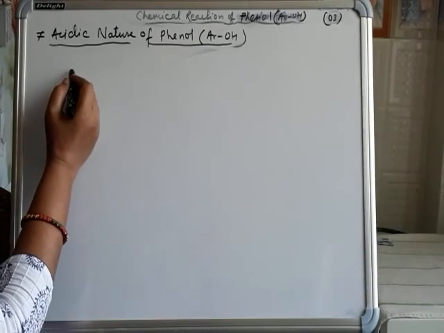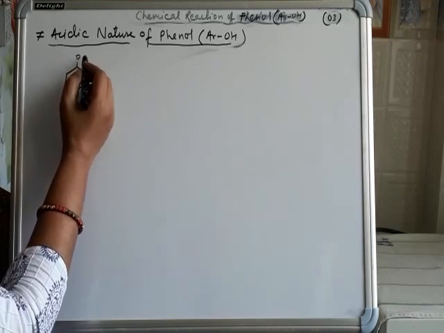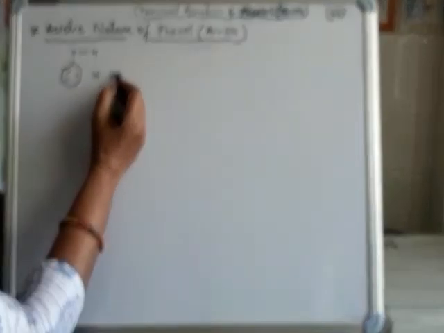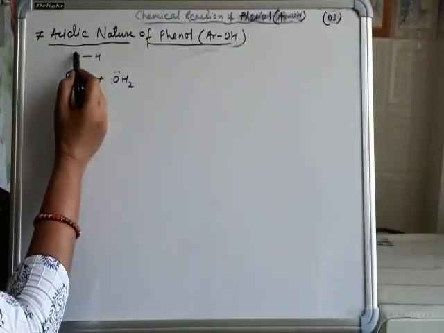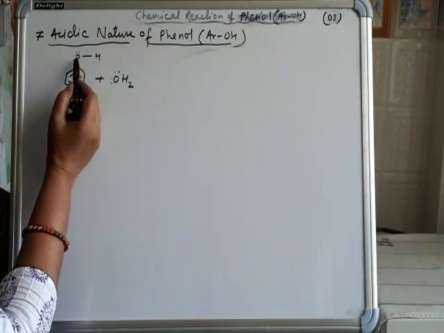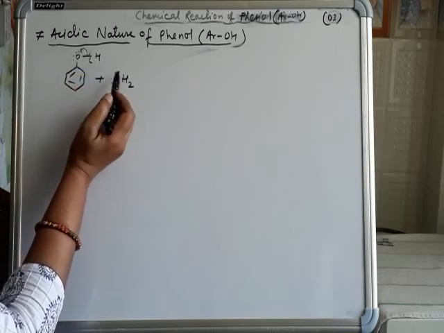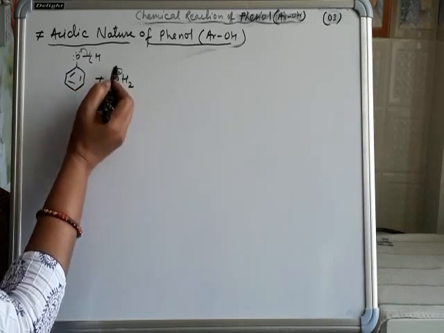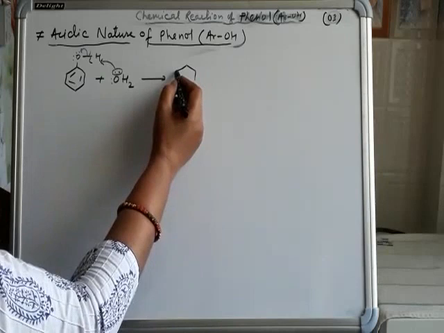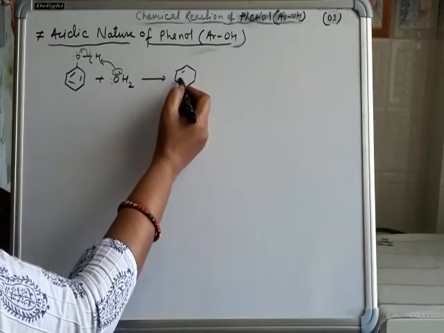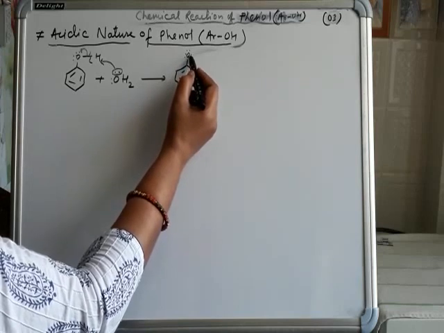Phenol, when treated with water: due to resonance, the lone pair present on oxygen makes oxygen acquire positive charge, so this bond shifts towards the oxygen and hydrogen is released easily as H plus, and simultaneously water donates its lone pair of electrons and the formation of phenoxide ion takes place.